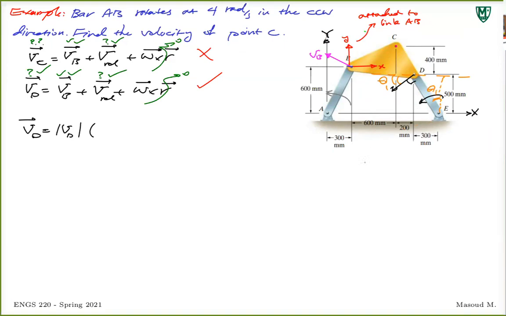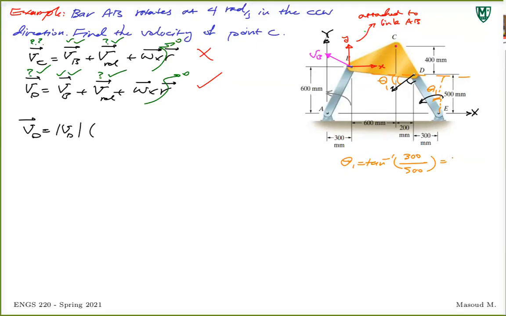And theta 1 is tan inverse of whatever is opposite, 300, over whatever is adjacent, which is 500, in that right triangle. That will give you tan inverse of 0.6. Let me double check.